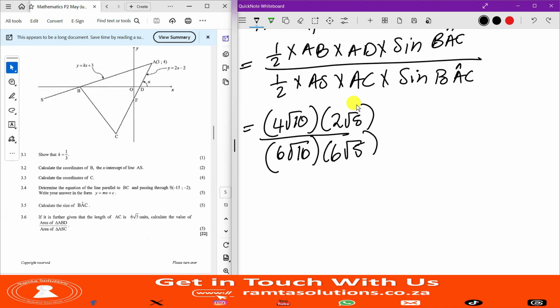Open, 6 root 10, close. Open, 6 root 5, right? Good. Now, what is our answer? Our answer is simply 2 over 9. That is the value of area of triangle ABD over triangle ASC.